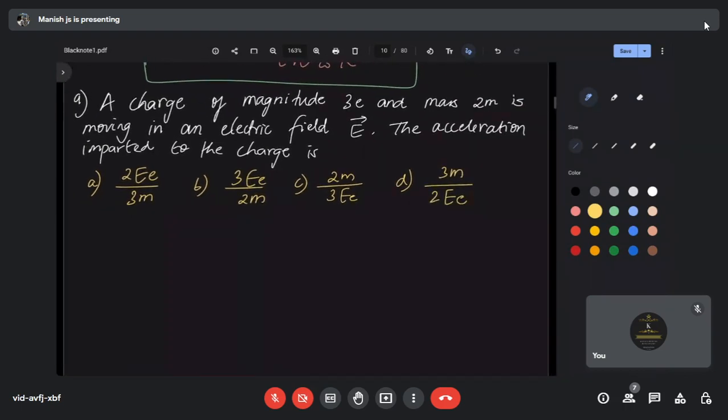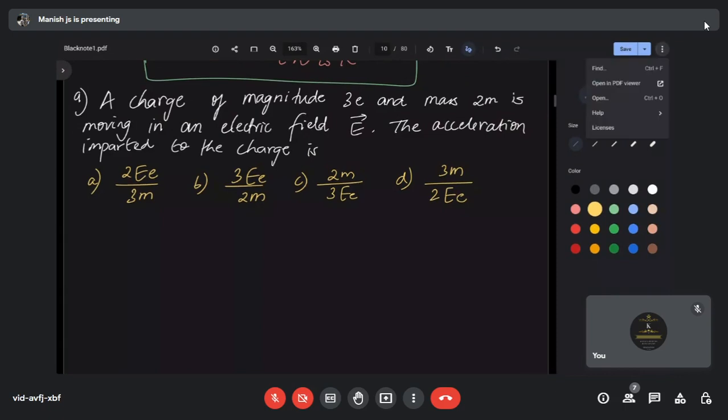Yes, இது ட்ரை பண்ணுங்க. ஸோ நியூட்டன்ஸ் லா யூஸ் பண்ணீங்கன்னா உங்களுக்கு வந்துடும் ஆன்சர். அப்ளை த நியூட்டன்ஸ் லாஸ். So you can apply the Newton's second law of motion.